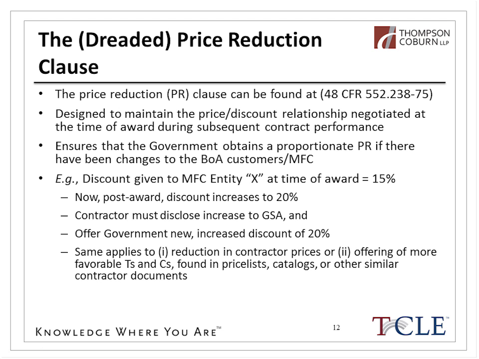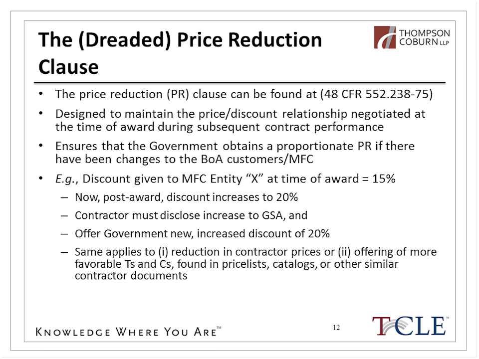We have an example here. Let's say that we give a discount to your most favored customer, Company X, at the time of award, and that's 15%. Now, after you've gotten the award of the GSA Federal Supply Schedule contract, you decided, or in negotiations with this customer, you increase the discount to 20%. Well, you guessed it. You've got to notify GSA that this happened.